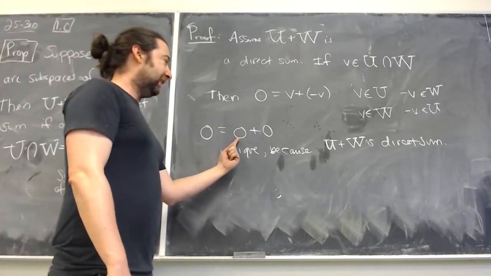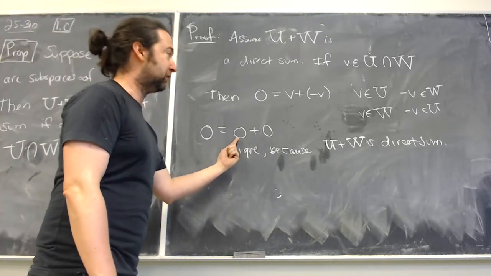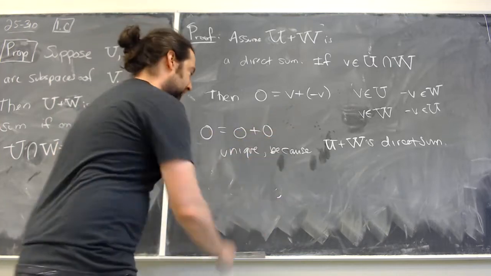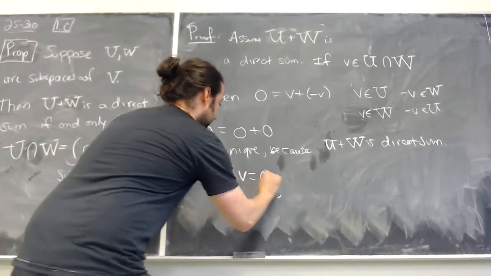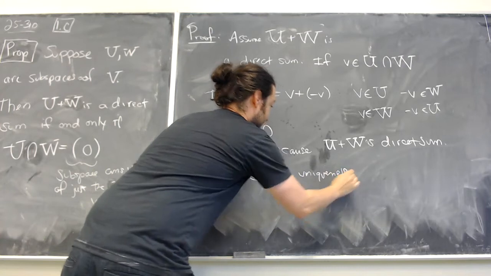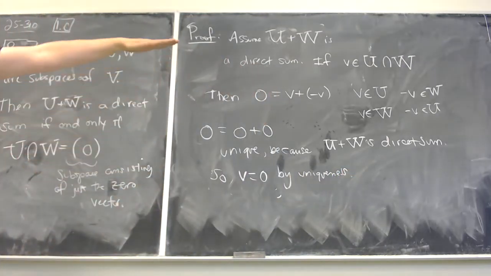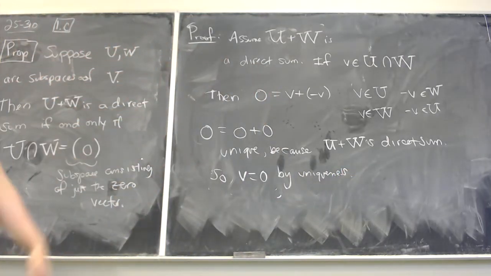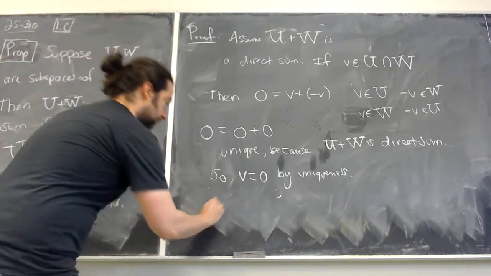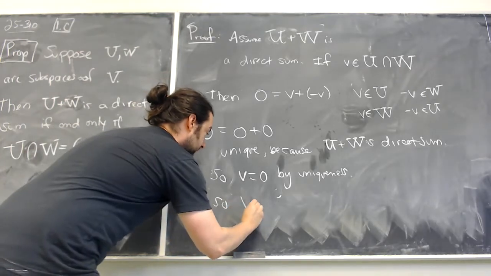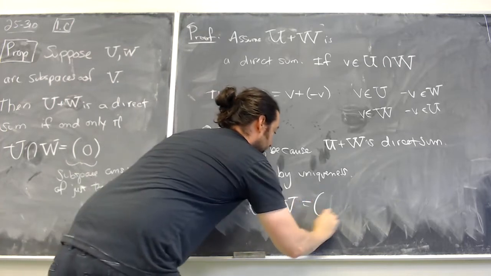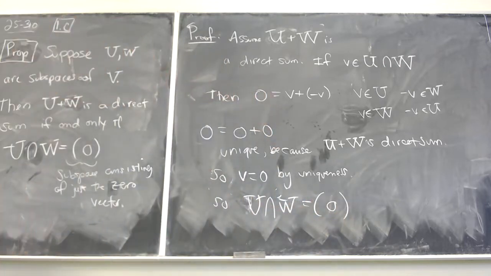This is the unique element of U that you can use to write 0 as a combination, but that means that v must have been 0. v is equal to 0 by uniqueness. So therefore, if v was in the intersection, it was the 0 vector, and that proves that direction of the argument. So U intersect W is equal to just the 0 vector.